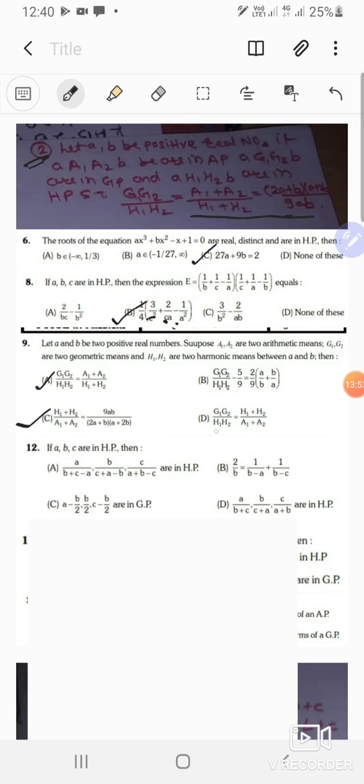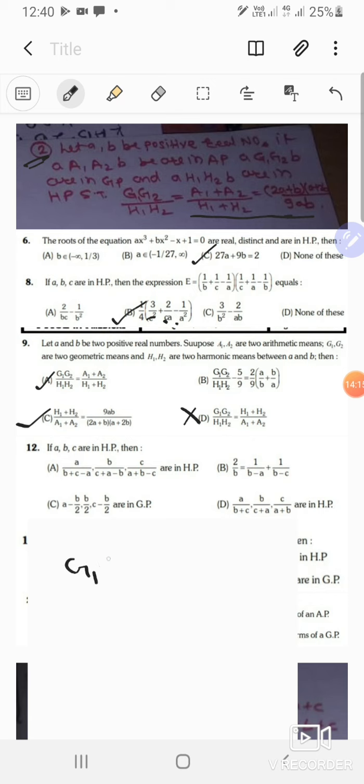So G1, G2 upon H1, H2 equals to, that's not correct. And I got this equation, G1, G2 upon H1, H2 minus 5 by 9 equals to, whoa, what is this thing? So this is like 2 times of that stuff. Okay, let's see what this is.